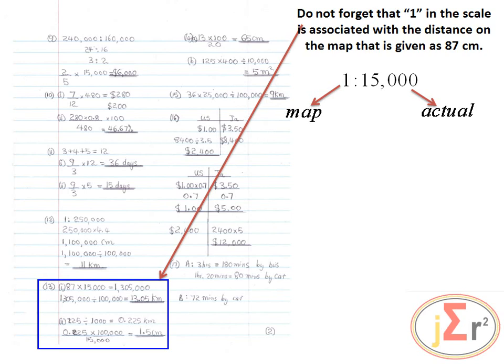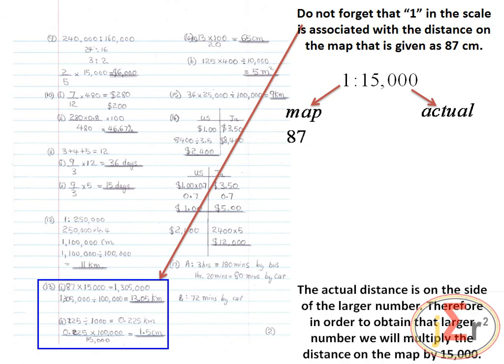So the actual distance is what we are attempting to find, but we have the distance on the map as 87 centimeters. Do not forget that 1 in the scale, which is this one, is associated with the distance on the map that is given as 87 centimeters.